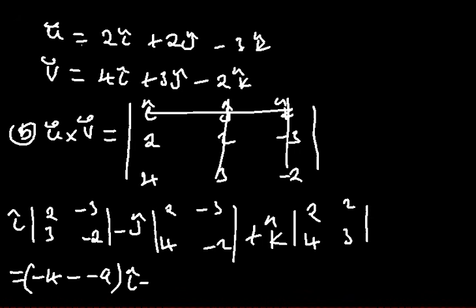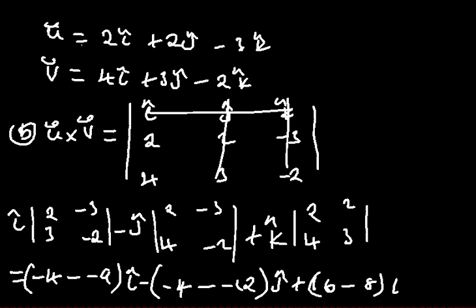And the minus, then we'll have 2 times negative 2, that is negative 4, minus 4 times negative 3, that is negative 12, that should be j hat. And the plus, now we have 2 times 3, that is 6, minus 4 times 2, that is 8, should be k hat.